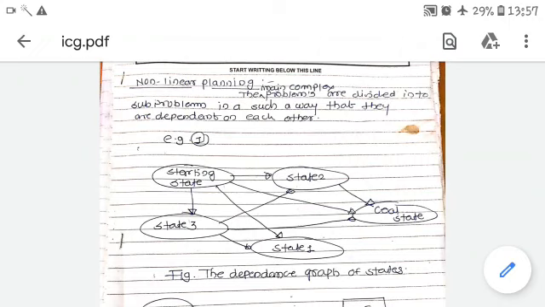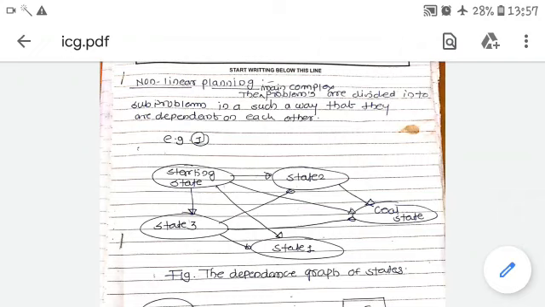Suppose we have plan A, and this plan A is divided into A1, A2, A3, A4 up to A5. We have to provide the solution for A1 to A5, but we have to perform the tasks in an independent manner.